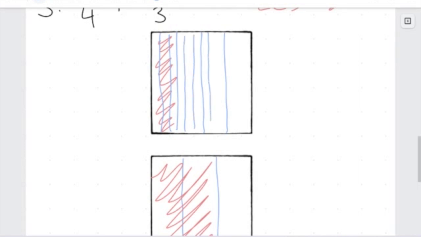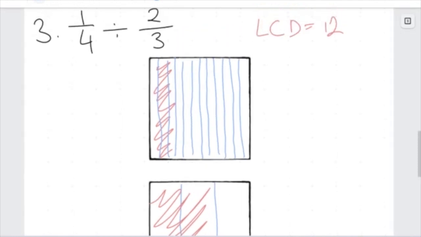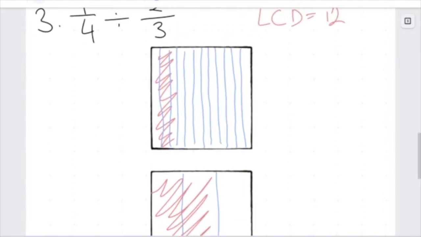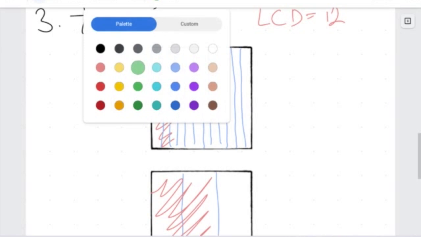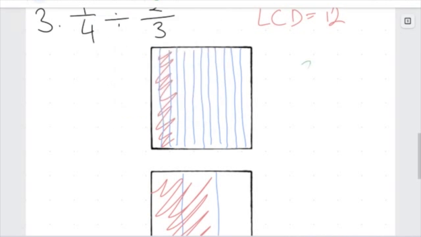And I'm going to keep doing this until I have 12 equal bits. Now, this fraction, a quarter, becomes 3 over 12. That's the equivalent fraction here. Let me write that quickly. 1/4, I can write as 3/12. And I've just shown that here in this image.